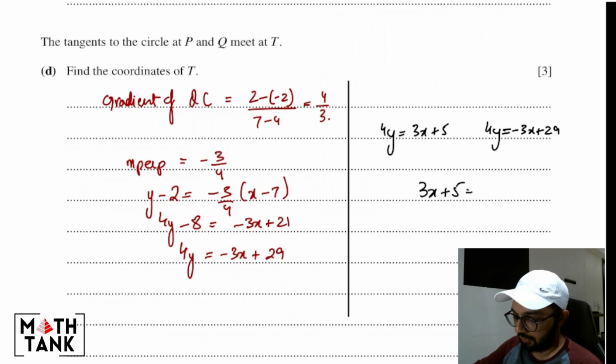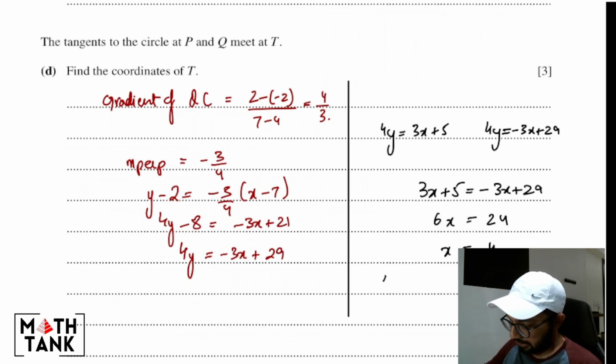I can see that I have a direct substitution, so I'm going to use that. That gives me 6x equals 24, x equals 4, and that's simple then. Gives me y equals 17 over 4.